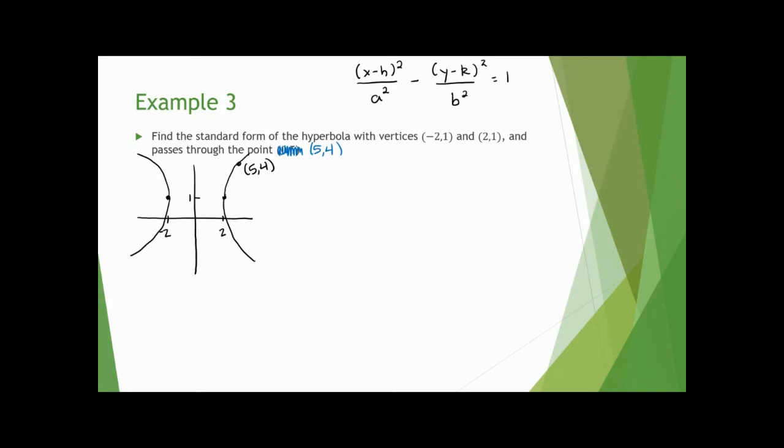So first step is to determine the center. That's going to be halfway between my 2 vertices. And this comes out to be (0, 1). So my center is the midpoint between the vertices. It's (0, 1), so that is giving me an h of 0 and a k of 1.